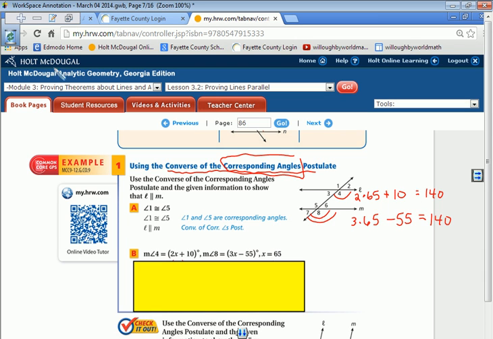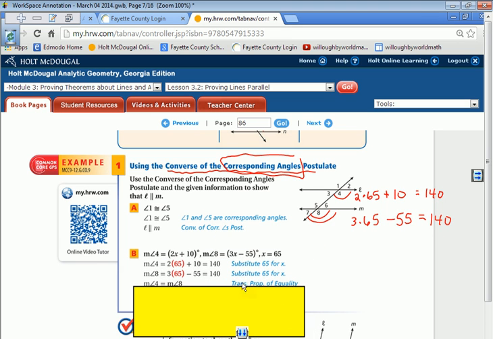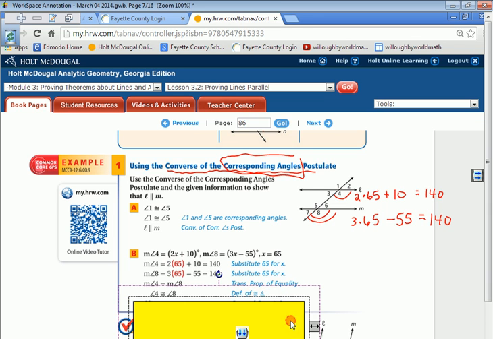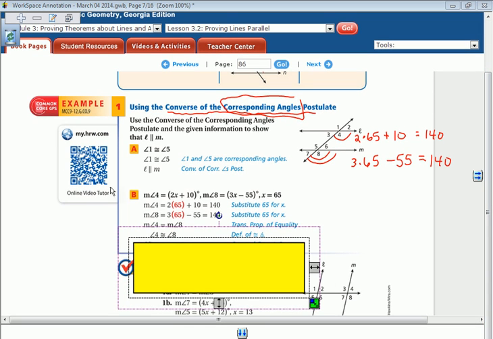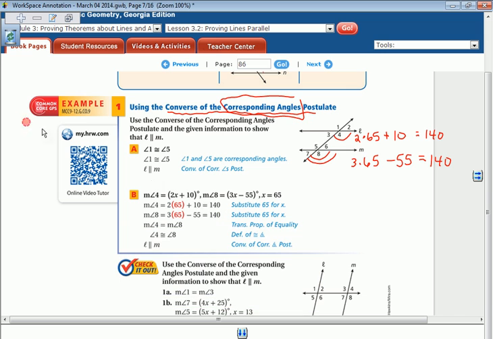Did we show congruence? Yes, and that's what it's going to walk us through here. So when we plug it in, we get 140 and 140, so the measure of angle 4 is equal to the measure of angle 8. Because we showed it here, that would be the transitive property. So if their measures are equal, then they have to be congruent, right? Isn't that the definition of congruence? Yes. And then the final step says that L is parallel to N, and that's the converse of the corresponding angle postulate. So I proved corresponding angles were congruent, therefore I proved the lines are parallel.